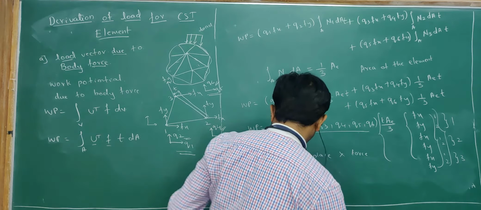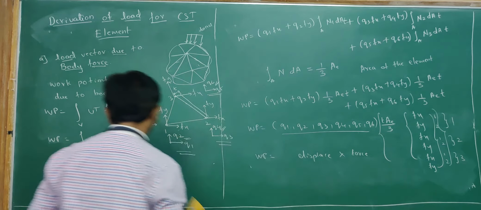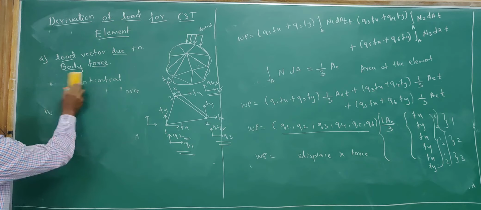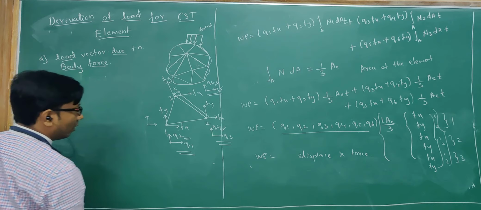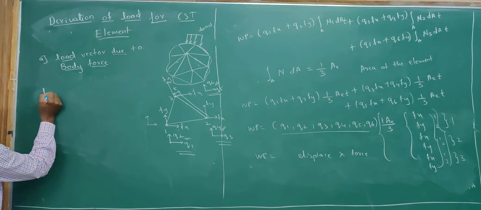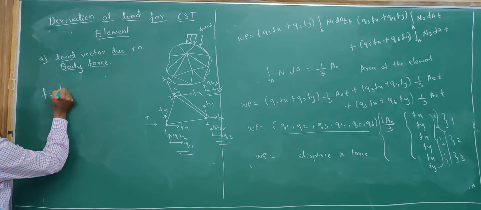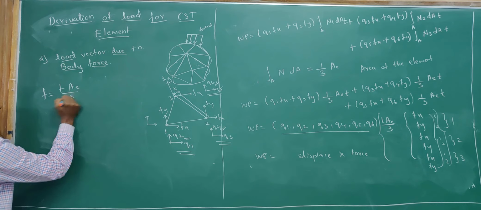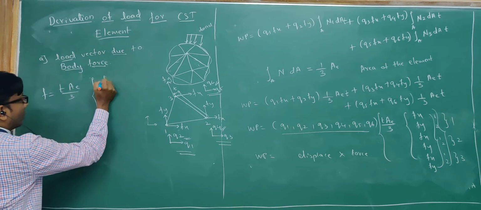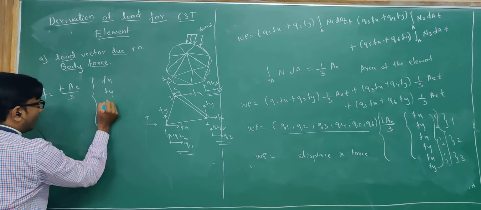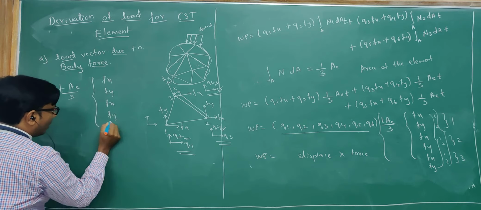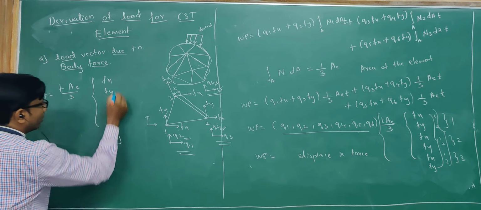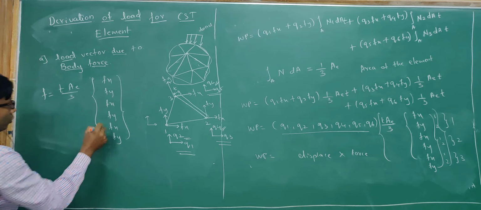So basically, we will be writing the converted force vector for the body force as F equals T into AE by 3 into Fx, Fy, Fx, Fy, Fx, and Fy. So these are the values of the force vector.